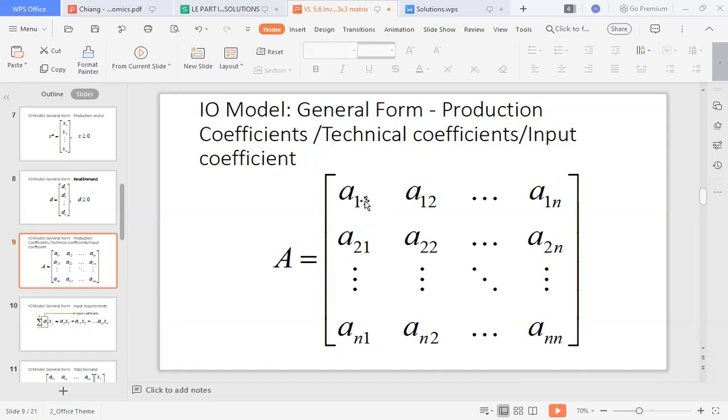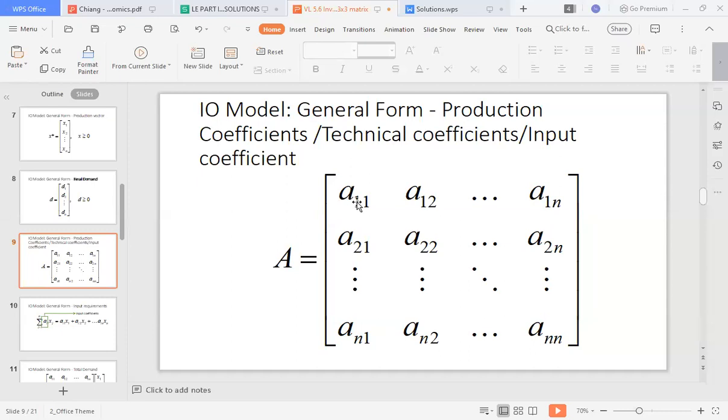So what is the economic interpretation, or what is the Leontief assumption for each coefficient here? These coefficients could only be two things. A coefficient could be zero, or it could be positive. Why could the coefficient possibly be zero?